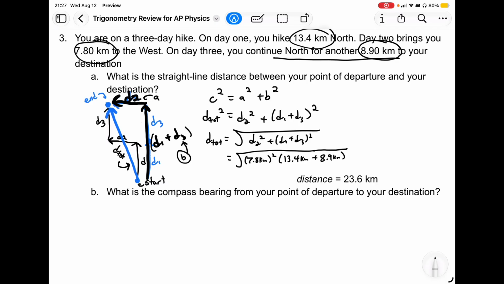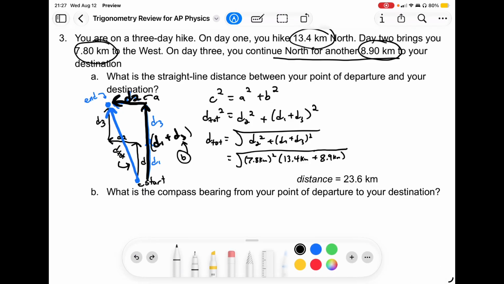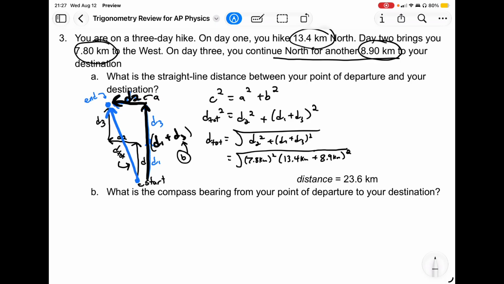So both those go in that parentheses that we substituted in for B. And then we're going to square them after we add them together. Oh, and I forgot an addition sign in between our two squared terms.